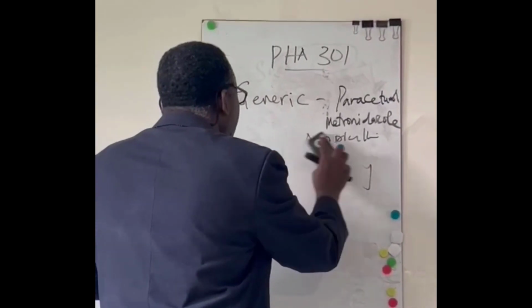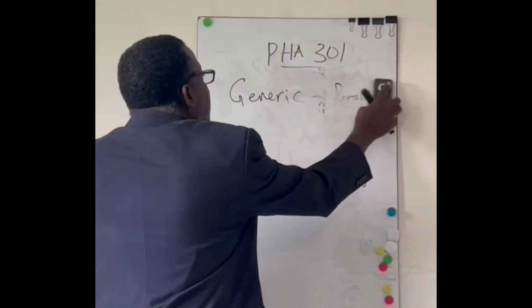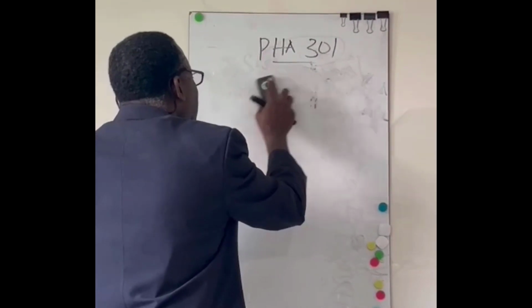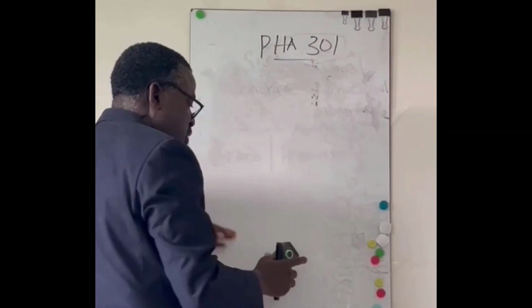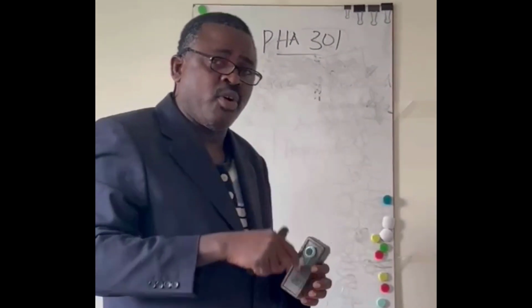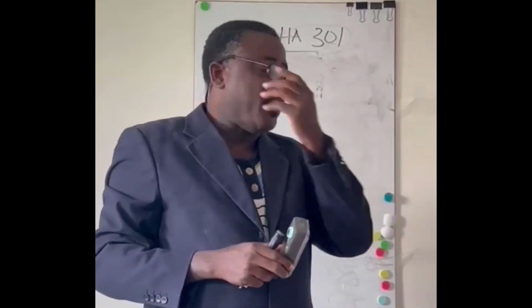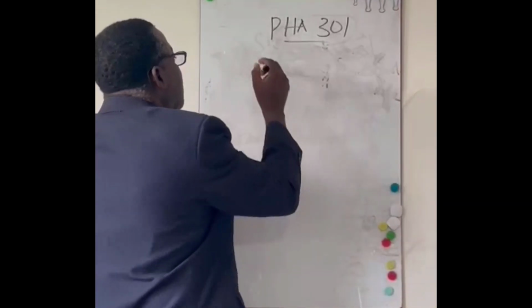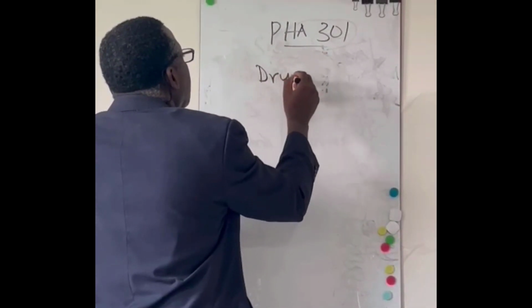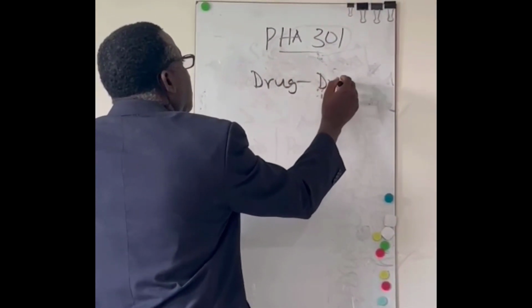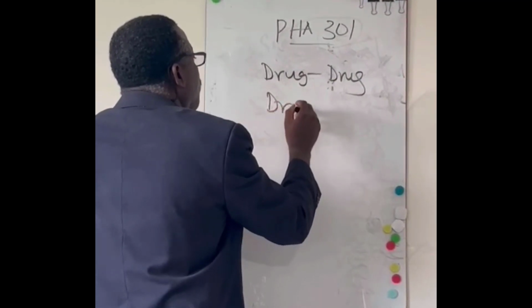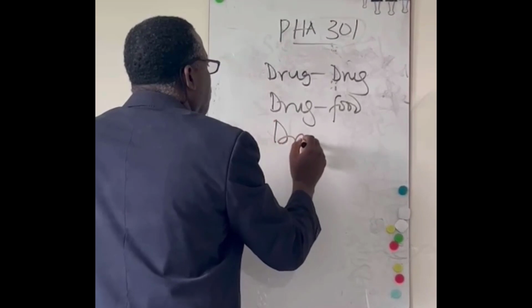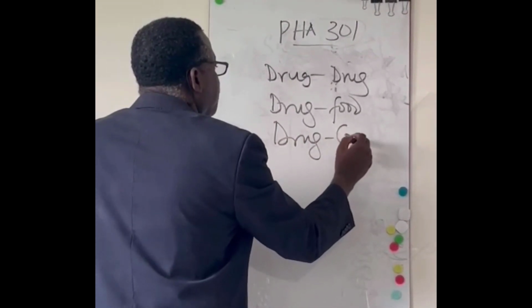I then told you that if you are talking of drug interaction, it has to do with more than just drugs, because it is not only drugs that affect the effect of other drugs. It can be drug to drug. It can be drug to food. And it can be drug to your condition.